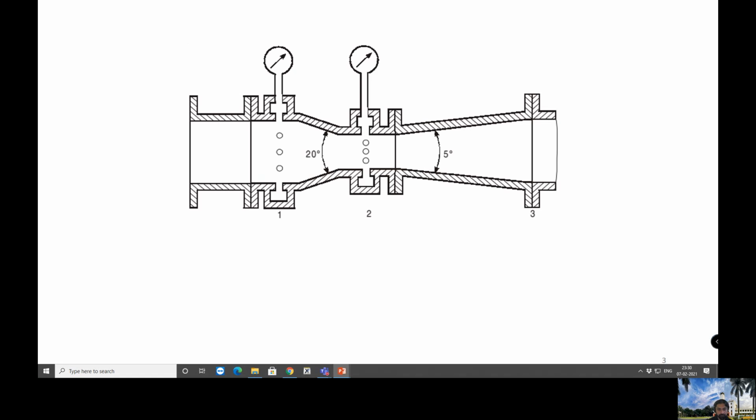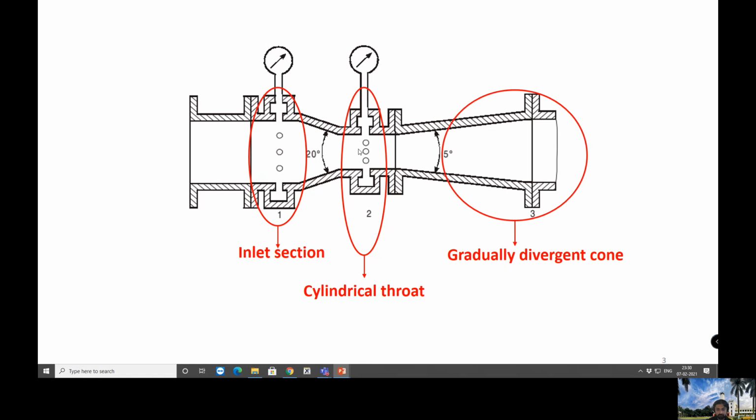So this is the setup. As you see, we are going to talk more about the components of this venturimeter soon. This is the inlet section, from where the water is coming from the pipe. This is the throat or the reduced area, and this is the gradually divergent cone.